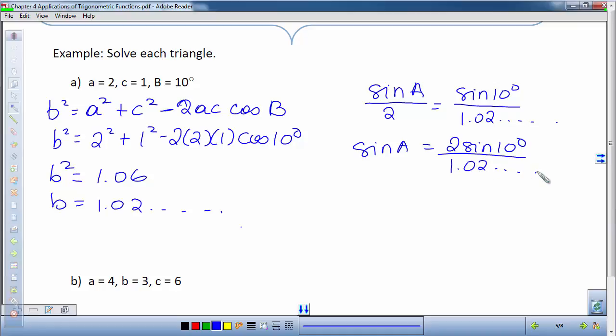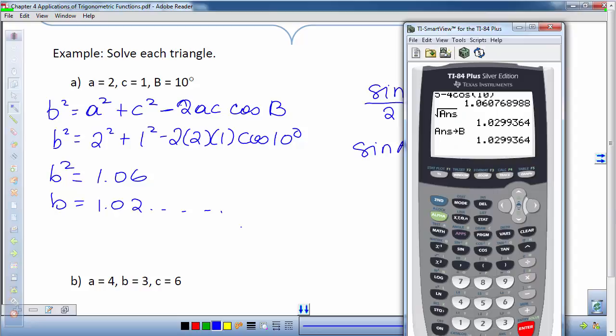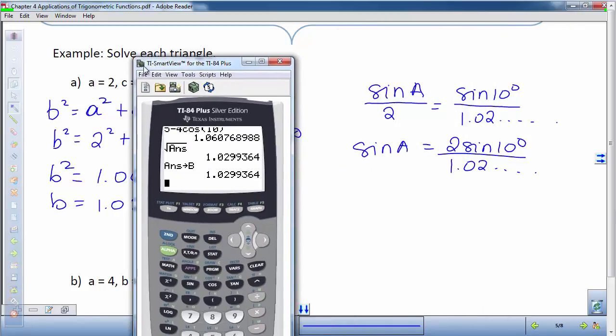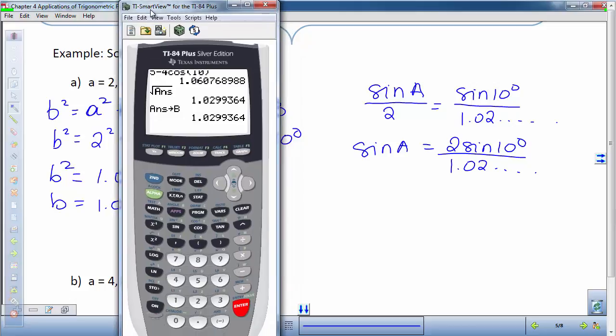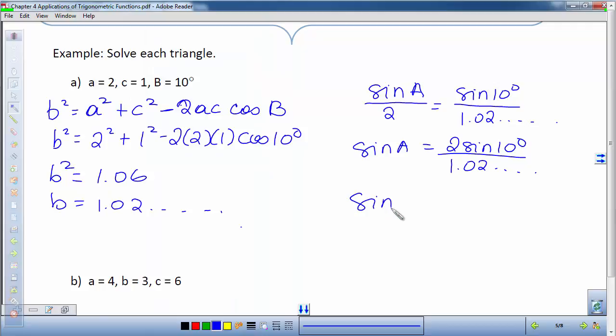Let's type it out because I don't know what it is. We're going to do 2 times sine of 10 degrees divided by alpha B. We get 0.337, so sine A equals 0.337.